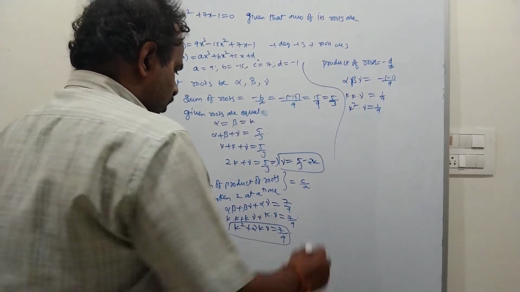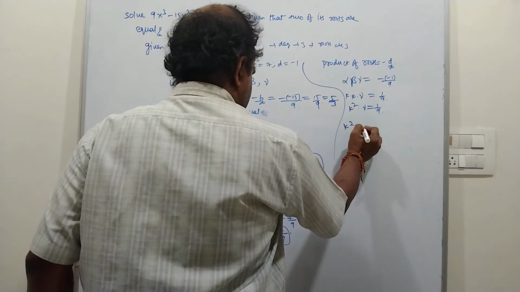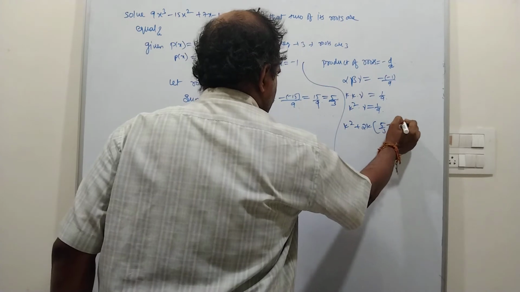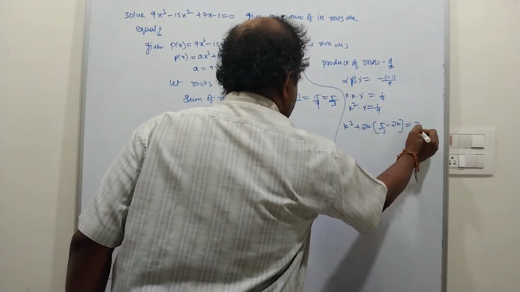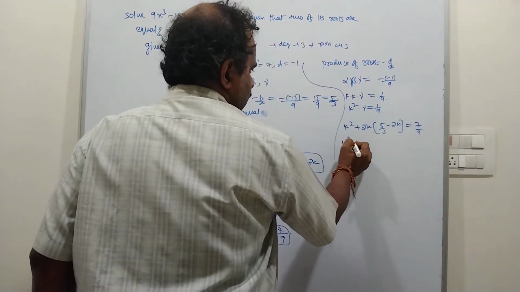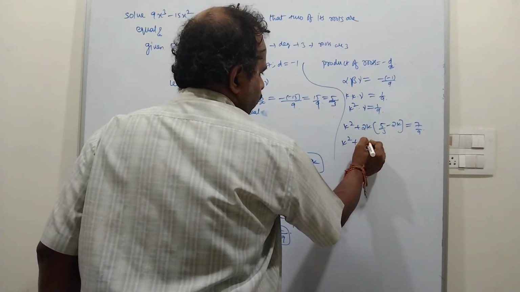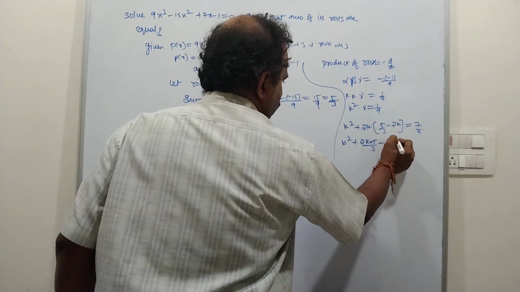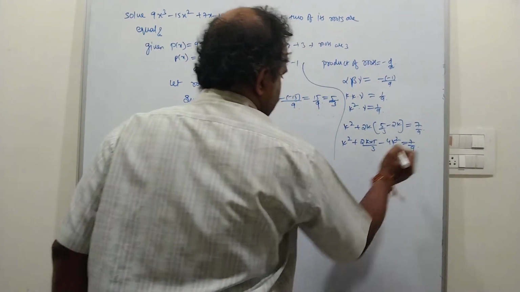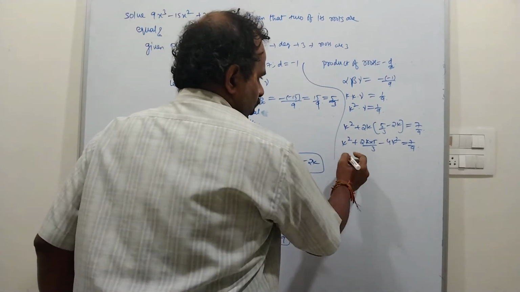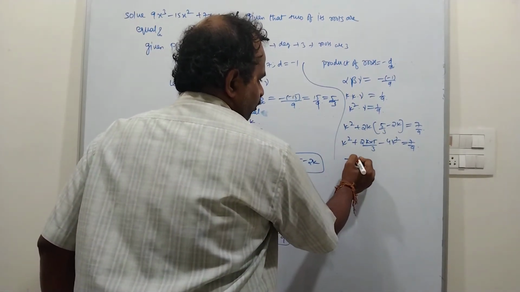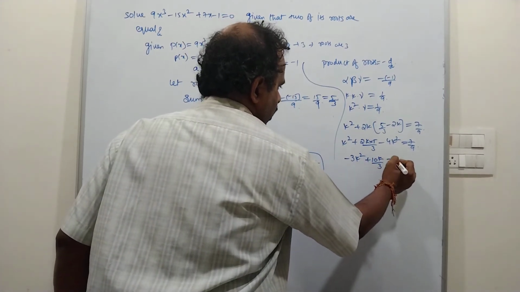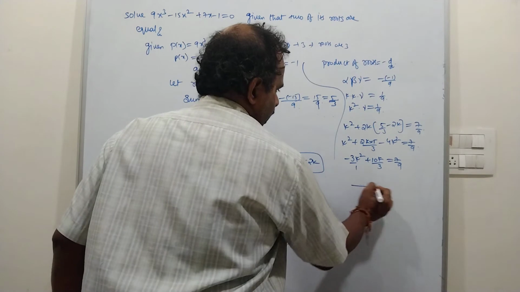So here, what do we get? k² + 2k(5/3 − 2k) = 7/9. So k² + 2k·(5/3) − 2k·2k, that is 4k², equals 7/9. So k² − 4k² = −3k², plus 10k/3, equals 7/9.